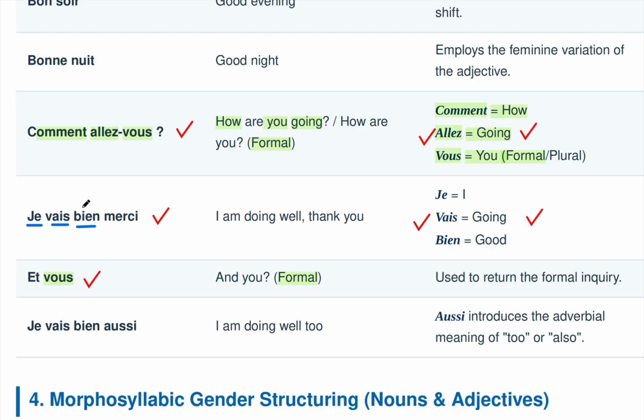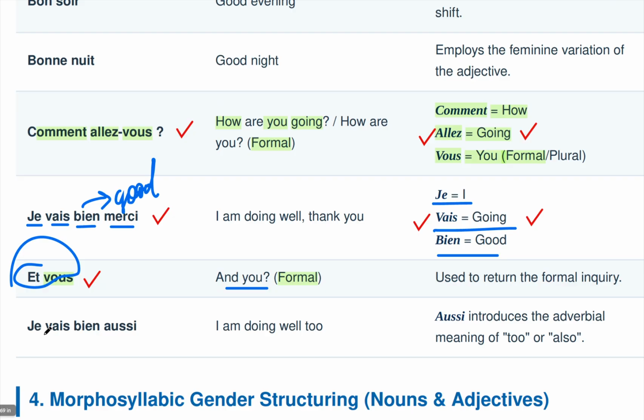I told you bien means good, and merci means thank you. So je means I, vais means going, and bien means good, so it becomes je vais bien, I'm good. Okay, et vous means and you, this we have already done.